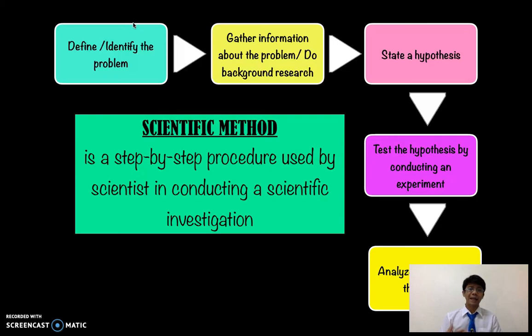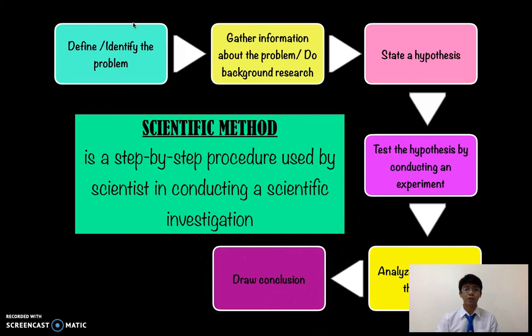And after analyzing and interpreting the results, then you can come up with your conclusion. Your conclusion is your final answer to the problem. So your conclusion also will verify if your educated guess is correct or not. Okay? But the most important thing is that your conclusion should be your answer to the problem.